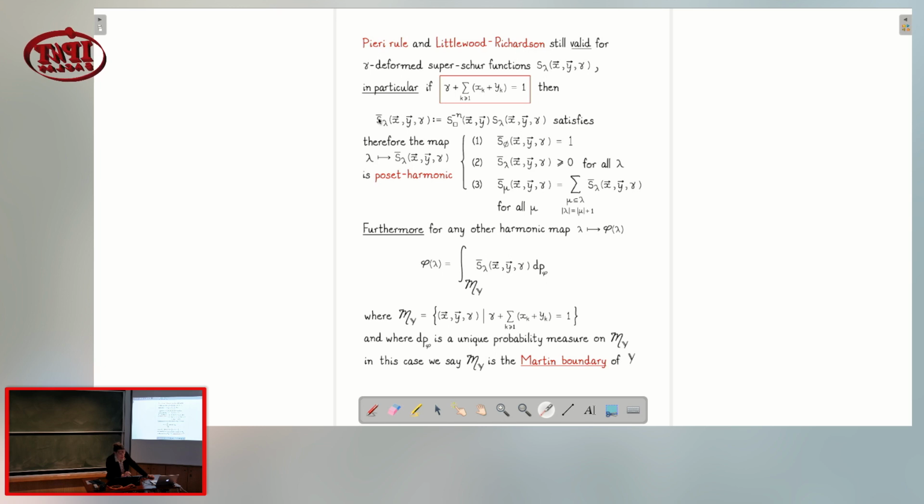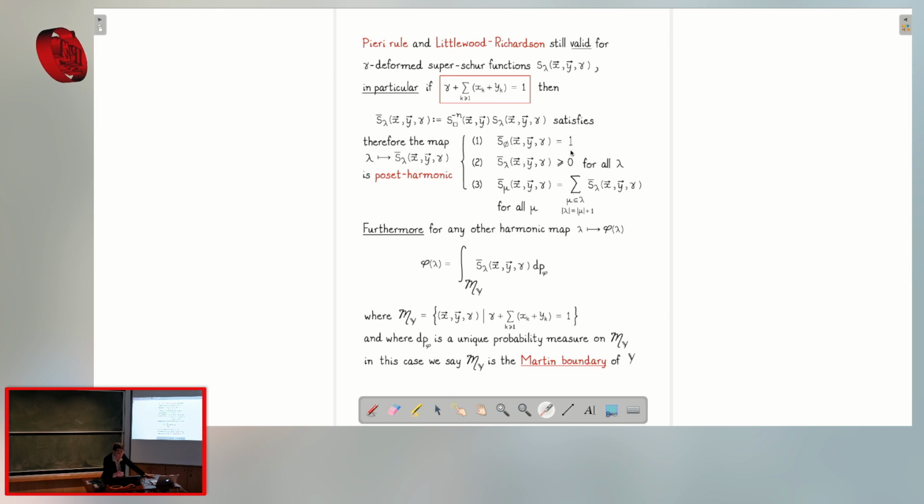We can define a reduced function, I call it S bar, which is this deformed supersymmetric function where I've divided out by this power of the box, and this reduced function will be poset harmonic. Clearly, at the trivial partition, it will be 1.